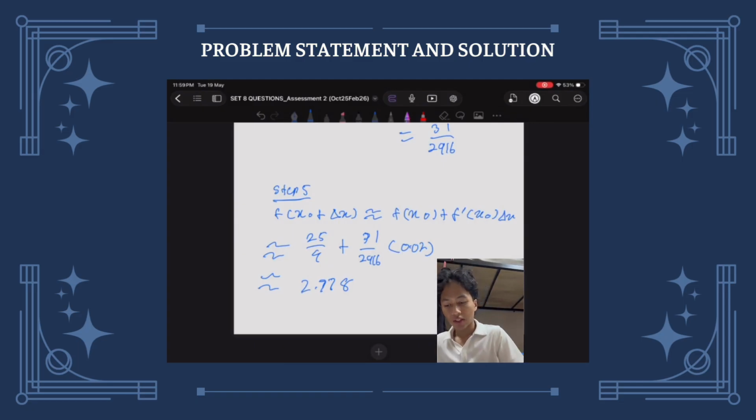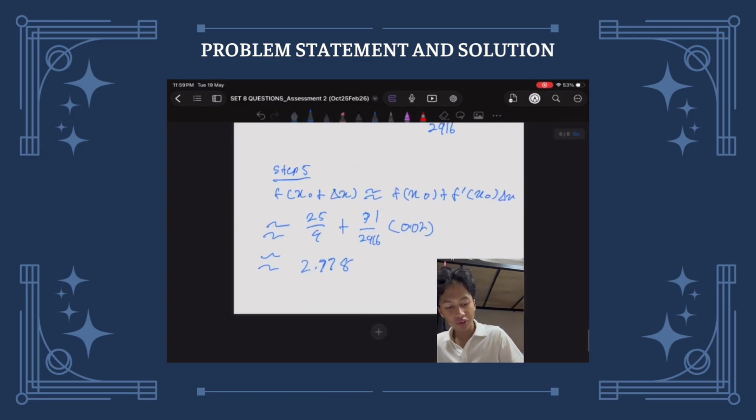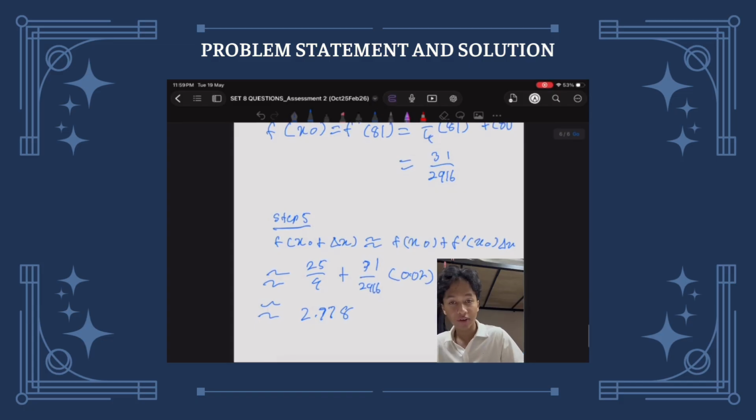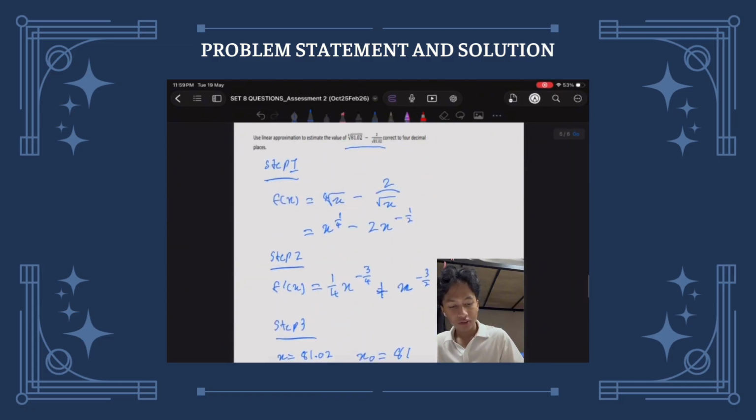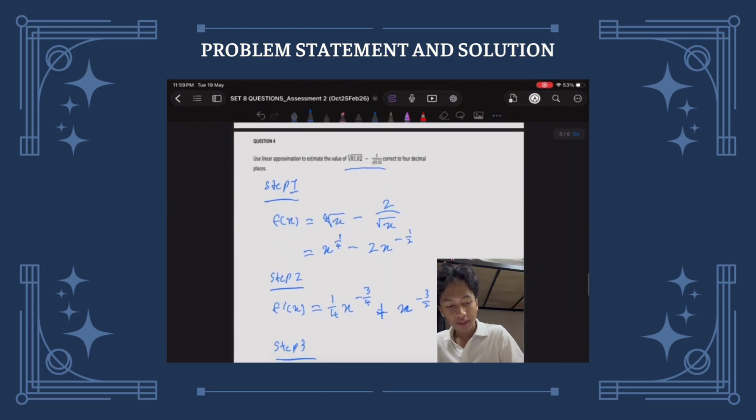So if we want to check whether the answer is correct or not, we have to insert this into the calculator.